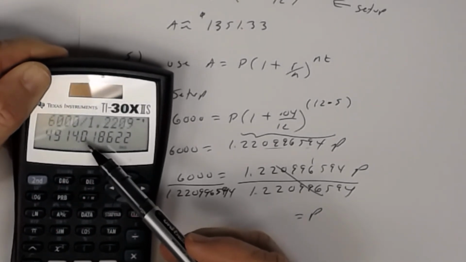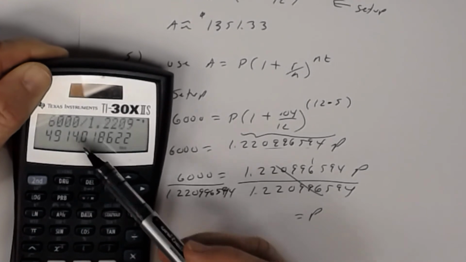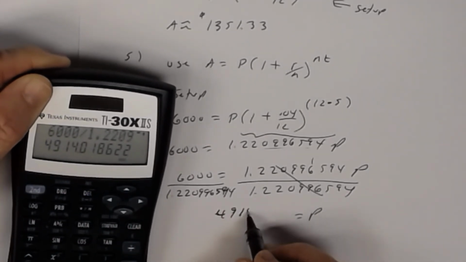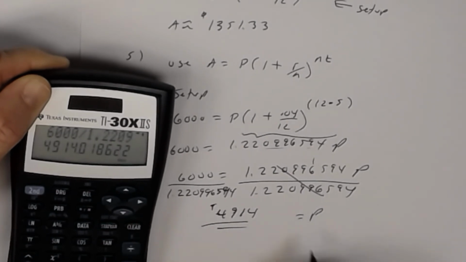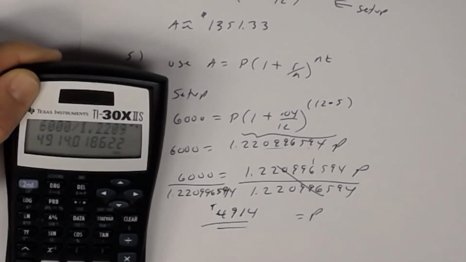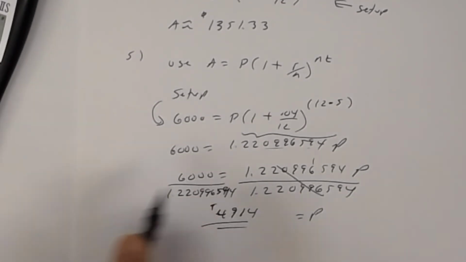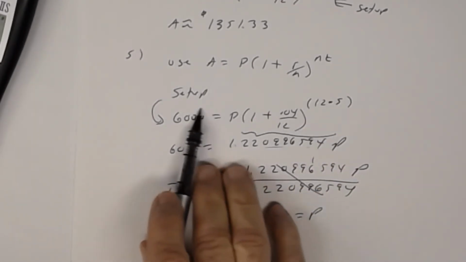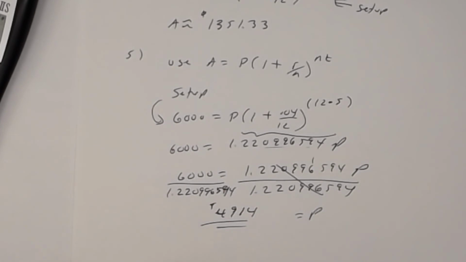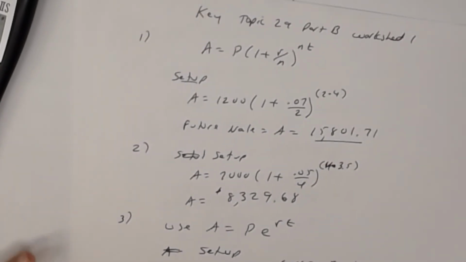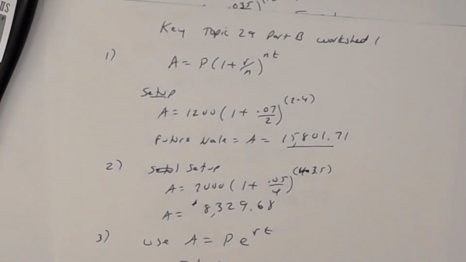Since this is 0, less than 5, the 4 stays 4. So your answer is going to be $4,914. And so that's how much you're going to have to invest now, so that in 5 years, you will have $6,000. All right. Okay, so that is the key to worksheet 29, part B.